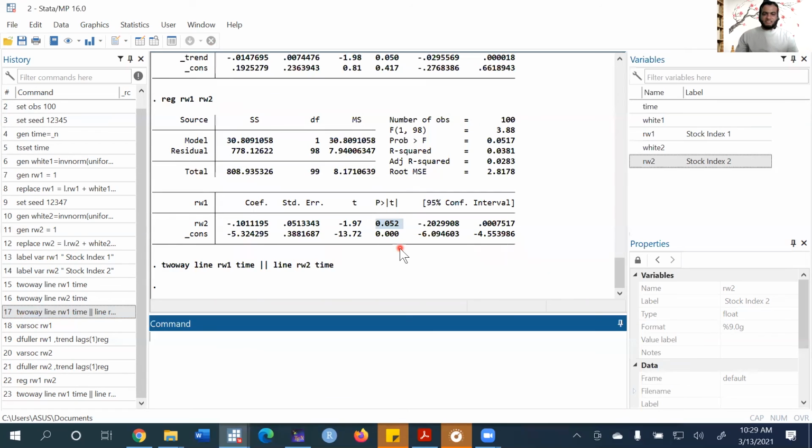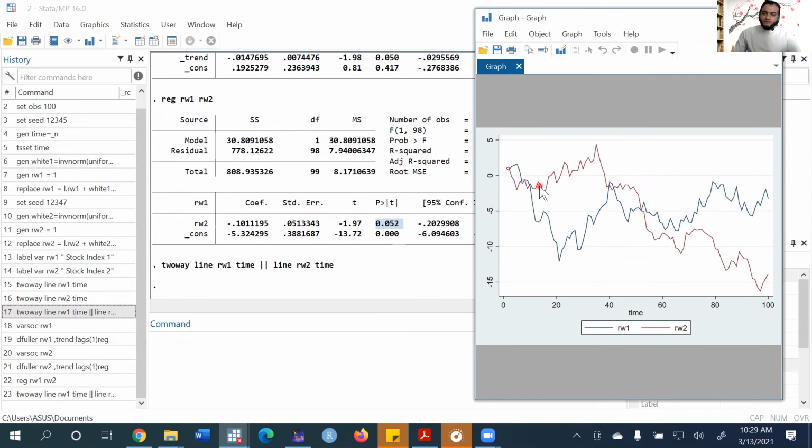In the graphical presentation, we see that both of the series are non-stationary, and we can see that both of the series may not affect each other, right? But whenever we run the regression for two non-stationary series, we can reject the null hypothesis. That means that stock index 2 has a negative impact on stock index 1, which is not true.